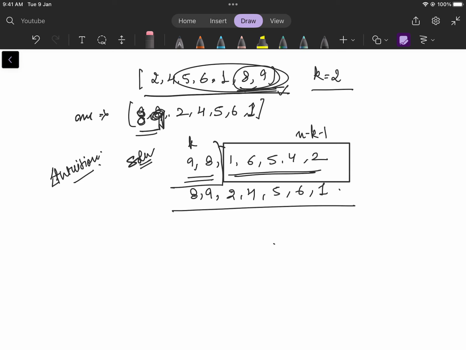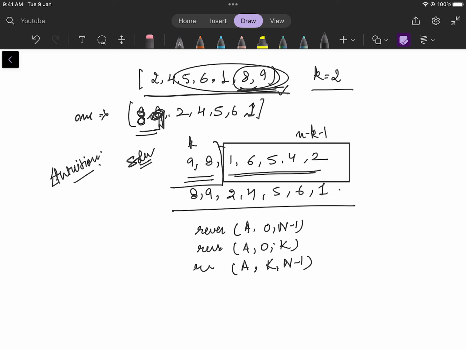So the algorithm is very simple. Firstly reverse the whole array, 0 to n minus 1, then reverse the first k elements, then reverse the left out elements.